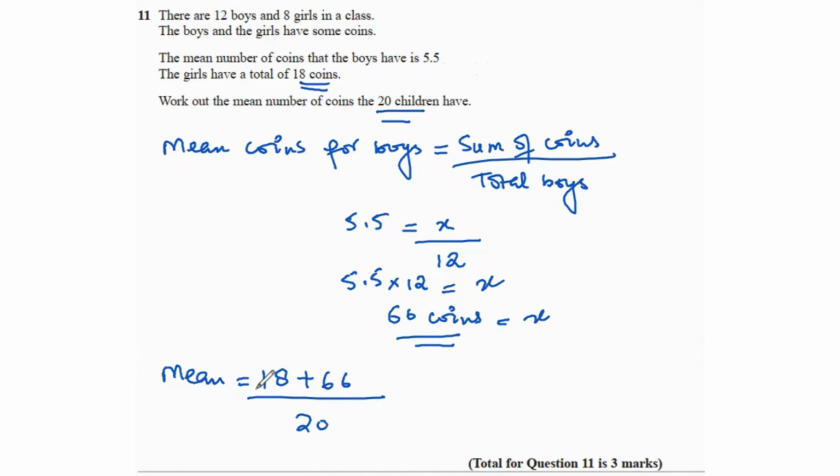Because you're trying to figure out the mean number of coins that 20 children have, which means the total number of coins comes in the numerator and the total number of children comes in the denominator. So 66 plus 18 is 84, and that divided by 20 is 4.2. So the mean number of coins the children have is 4.2 coins.